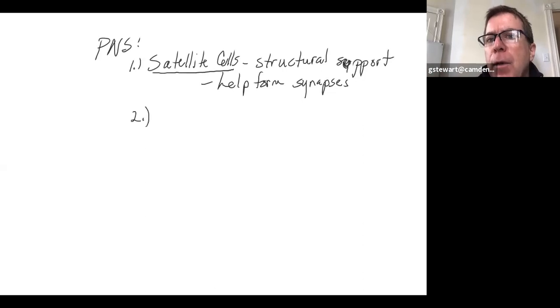Second and last type, Schwann cells. These are lipid-based cells that form the myelin sheath in peripheral nerves.